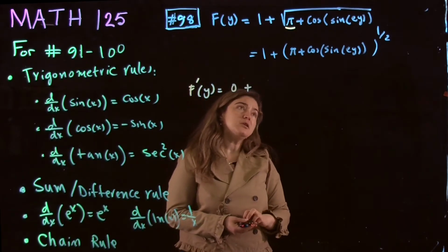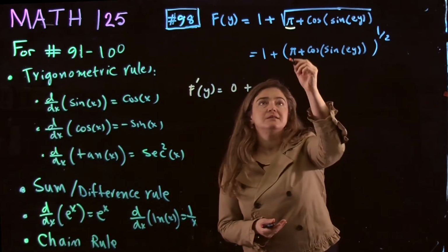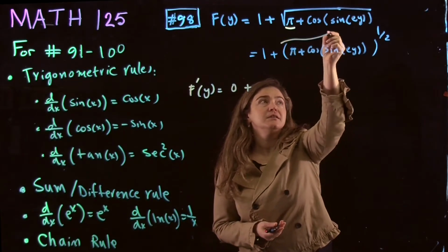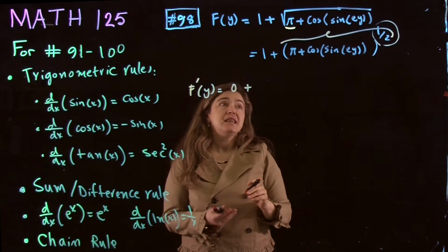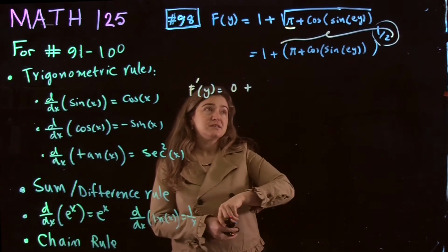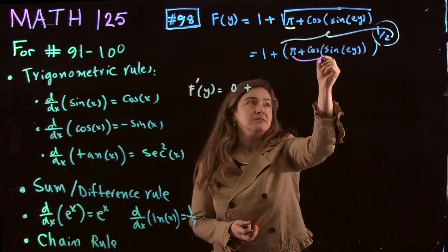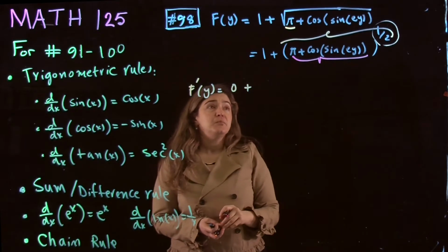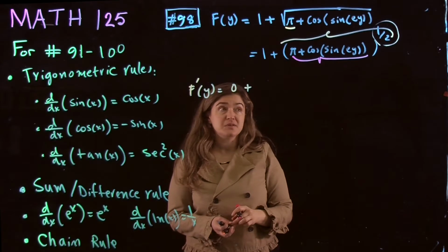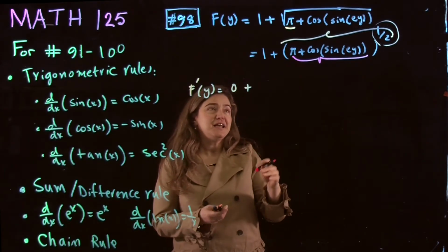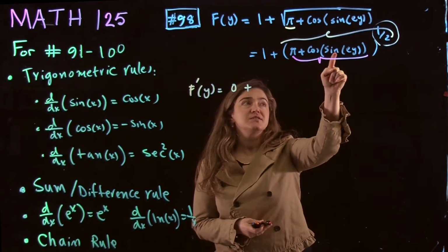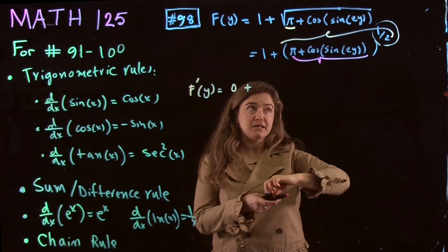The second term, looking at this, I see there's an outside function to the power 1/2. Then there is another inside function, pi plus cosine of sine of ey. Then inside of cosine of sine of ey, there is another inside function.